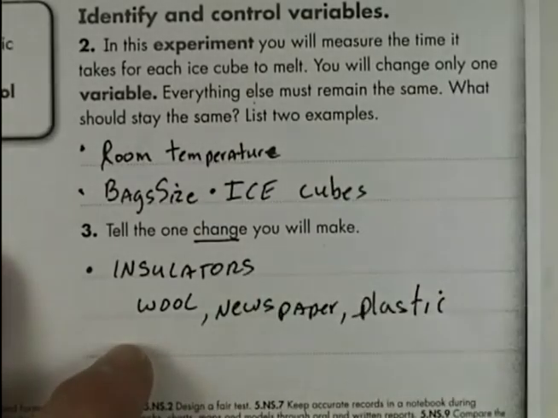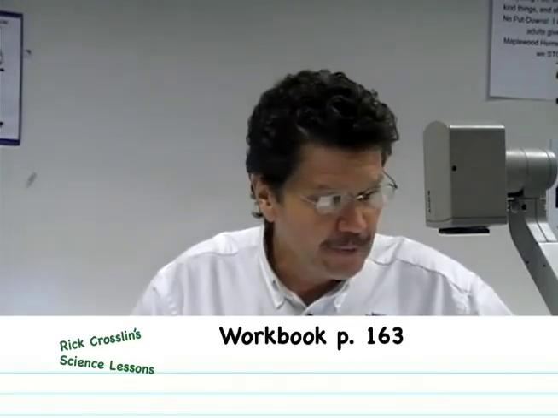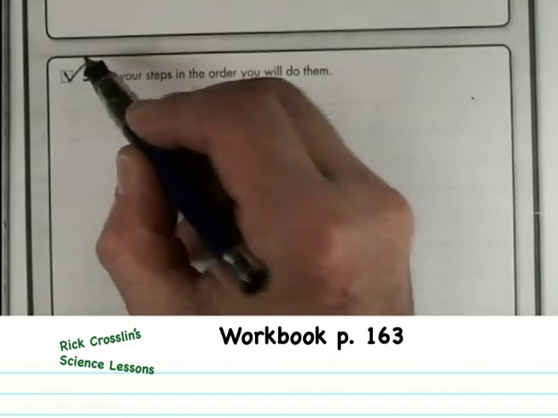These things are not. Before we can start our investigation, we need to make sure that we know the steps we're going to take. So I would like you to write these steps. Teachers, if you'd write these steps on the board, and boys and girls, you write them in your workbook on page 163. I want you to list the steps right here.